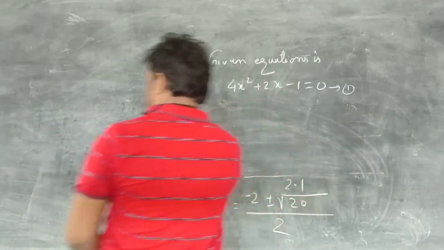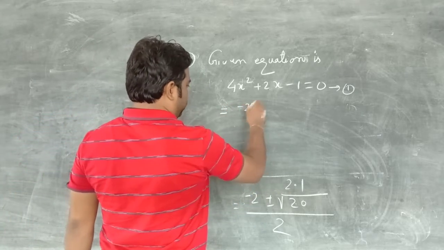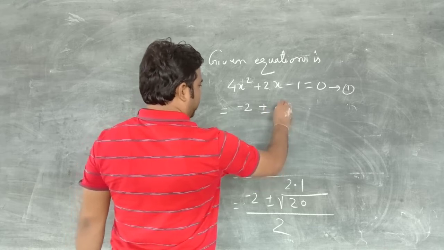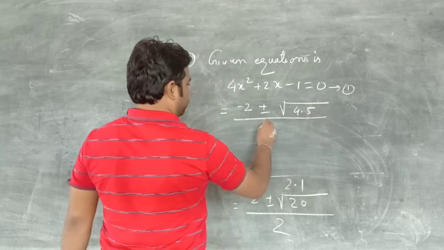So what we shall get now? This is equal to minus 2 plus minus, this can be written as 4 into 5, so root 5 times 2 by 8. If we take 2 common, this is 2 into minus 1 plus minus root 5, and twice a is 2 into 4, which is 8, so the 2 cancels and this will be 4.